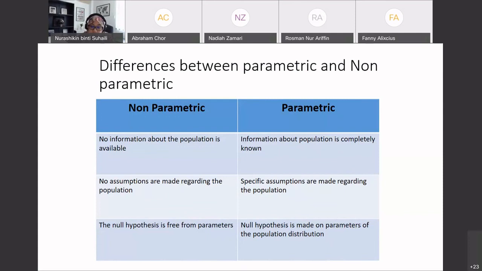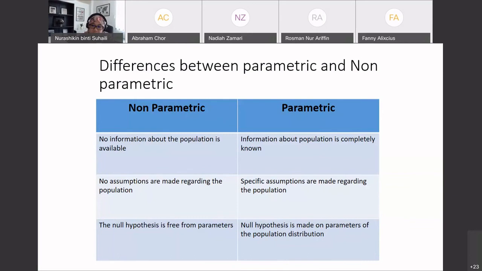Parametric is more structured, more organized, in a way that it has information about the population. We talk about parametric first, and based on the information, we have specific assumptions about the population. Hence we can make hypotheses based on the parameters of the population distribution. In contrast, non-parametric is something that is a bit arbitrary, something that is incomplete.